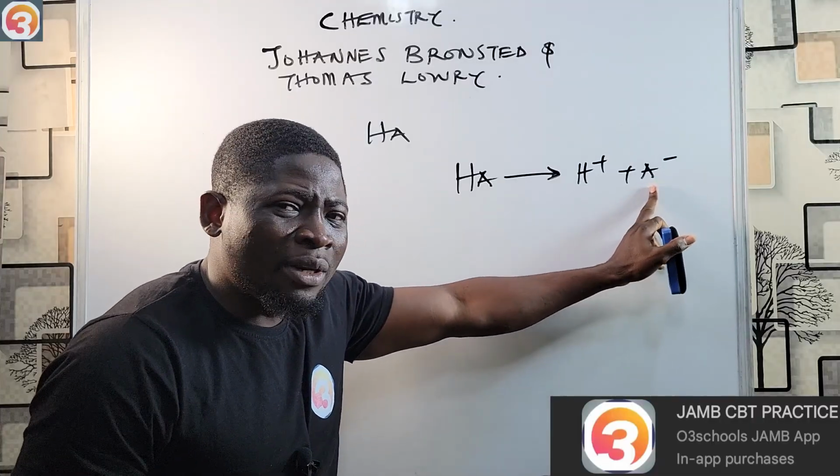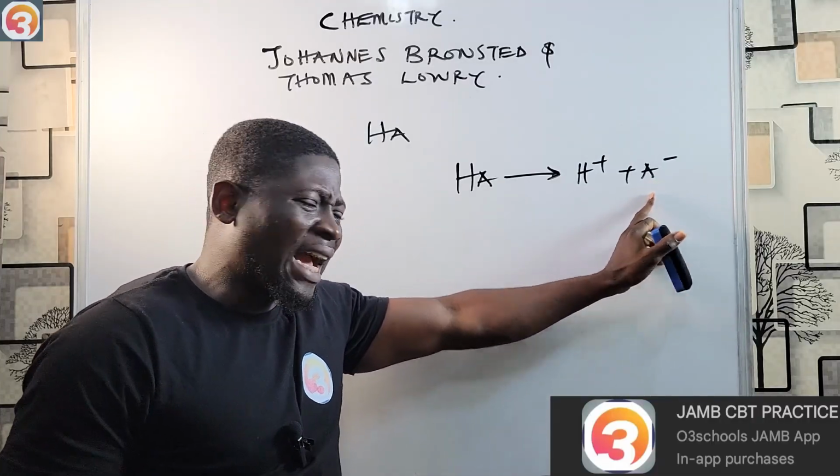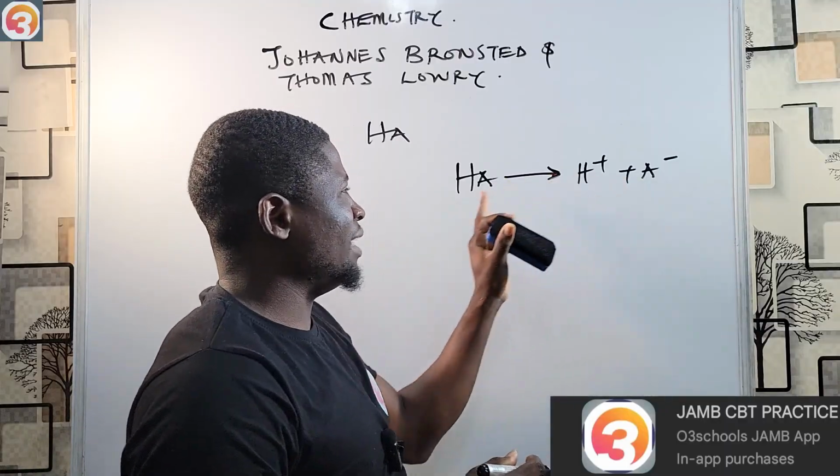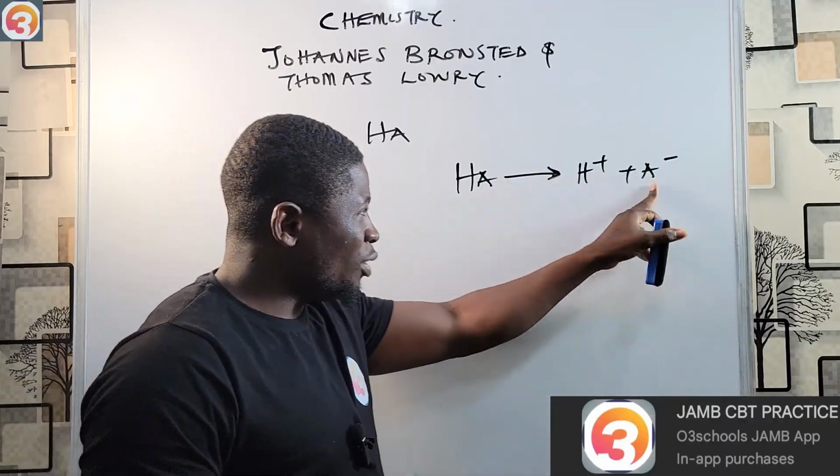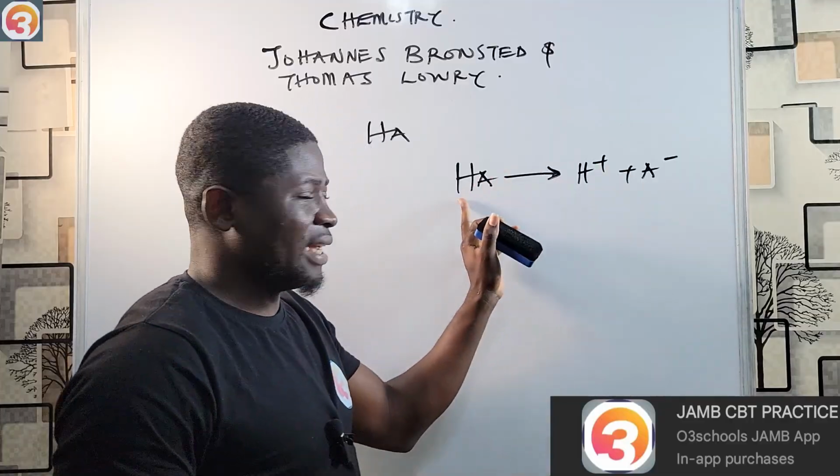So this anion is a base itself, and it is usually called the conjugate base of the acid. Why?